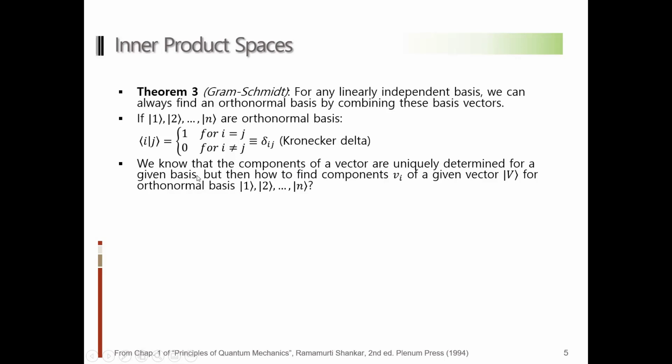But at that time, we didn't show how to find those unique components. Generally, finding the components of a vector for some given basis might not be trivial, but if we turn our attention only to the orthonormal basis case, then finding the vector components becomes very trivial.